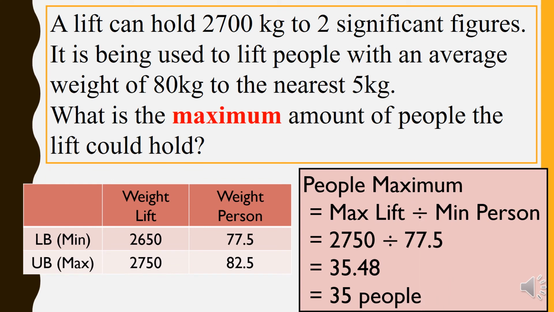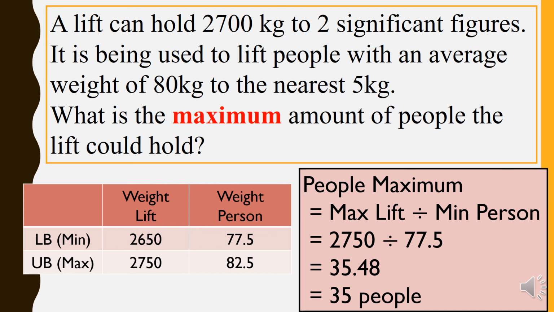In this example, a lift can hold 2700 kg to two significant figures. It is being used to lift people with an average weight of 80 kg to the nearest 5 kg. What is the maximum number of people the lift can hold? We will divide this into two categories: the weight the lift can hold and the weight of a person. The lower bound of the lift's capacity is 2650, since it's two significant figures, and the upper bound is 2750 kg.